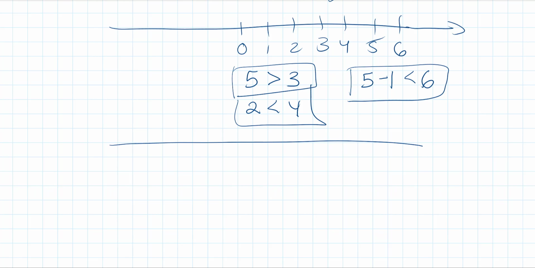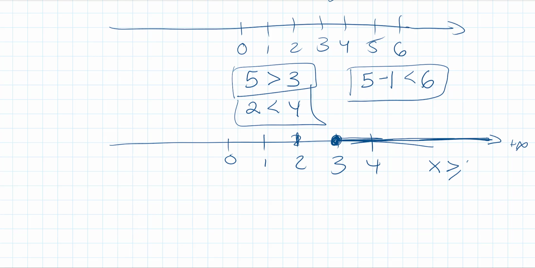So let's look at another number line, and now let's graph an inequality, okay? I'm going to fill in a circle at 3 and show an arrow going towards plus infinity, right? So what this graphing of an inequality shows is that x is larger or equal to 3.